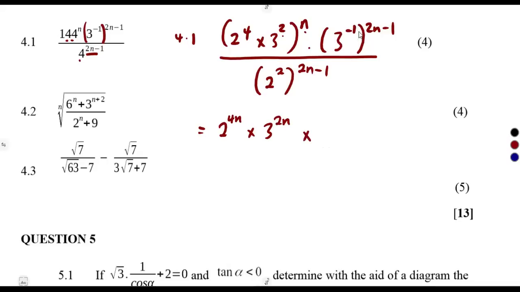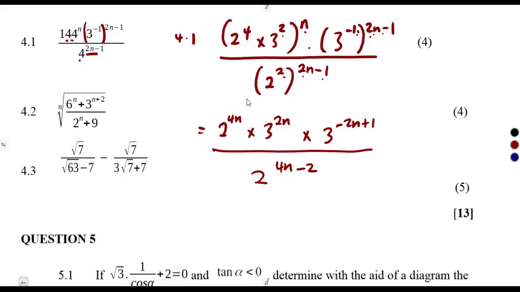Same with this part, exponent to exponent multiply. So it's 3 to the exponent of negative 1 times 2, which is negative 2n. Negative 1 times negative 1, that's positive 1. Everything over 2 to the exponent of 2 times 2n, that's 4n. 2 times negative 1, that's negative 2.